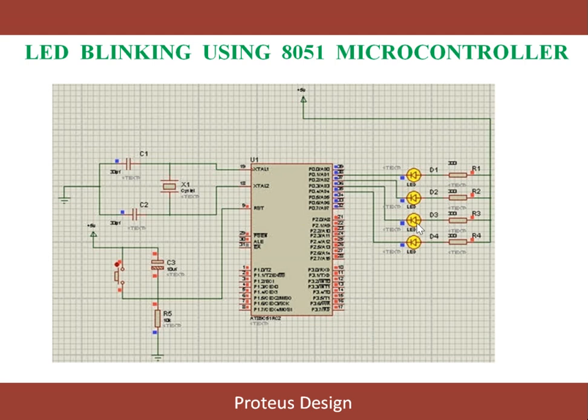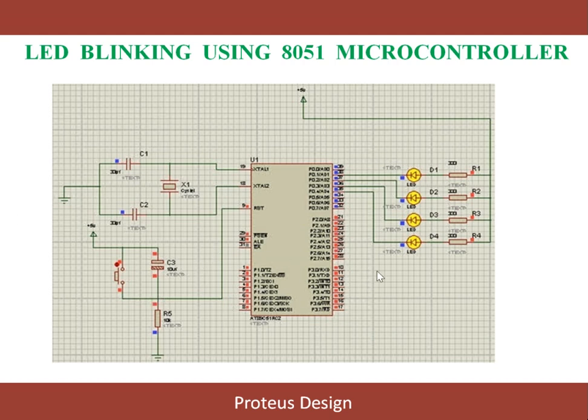We have pins 0 to 7, and we can see that LEDs are connected here on port 0, and with every LED we connect one resistor to limit the rush of current. Then we have parallel arrangements for the crystal oscillator and capacitors, and some different arrangements for ground, and we connect one resistor also. So this is the entire circuit.